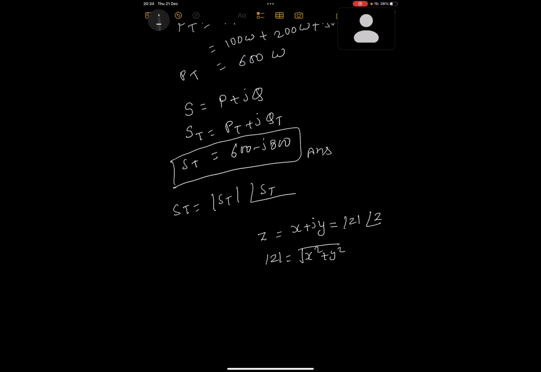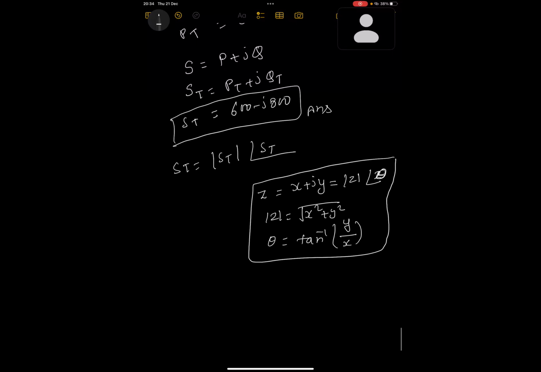And how can you find theta? Theta equal to tan inverse of imaginary value by real value. You have to convert it in phasor form. So ST will become under root of 600 square plus 800 square, and angle will become tan inverse of minus 800 by 600.